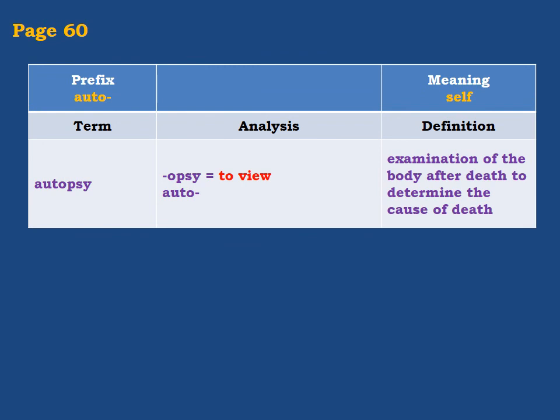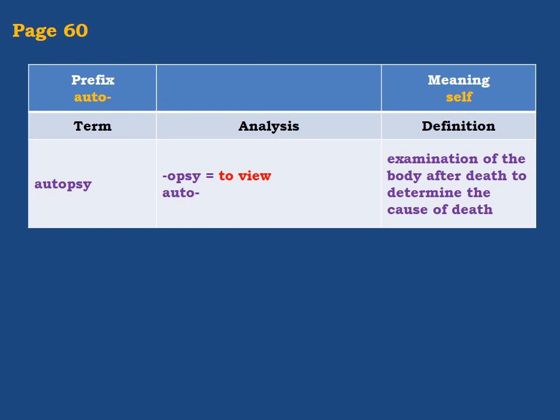The next prefix we have is auto. Auto means self. All right. Now, the first term is autopsy. Opsy means to view, and auto means self.